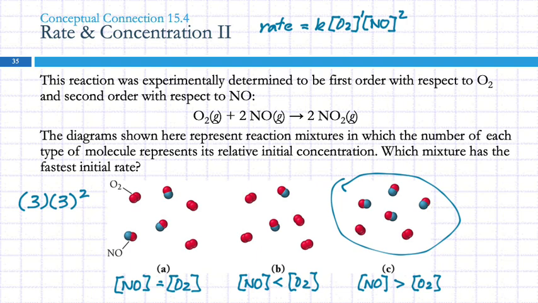Here we have, not 3, 1, 2, 3, 4. 4 for the oxygen and 2 for the nitrogen. And here we have 2 for the oxygen and 4 for the nitrogen. So this comes out to 32. This comes out to 16. And this comes out to 27. I may have done that wrong, but did you get the idea? Any questions?